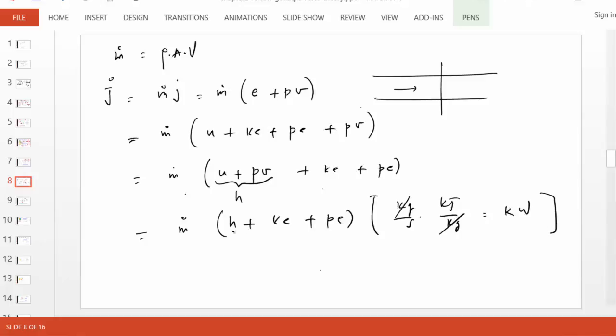What is H? It is the enthalpy, or specific enthalpy. Many a times people ask, what is enthalpy? And the standard answer is, oh, enthalpy is U plus PV. There is nothing wrong in that definition. U is the specific internal energy, P is the pressure, and small v is the specific volume.